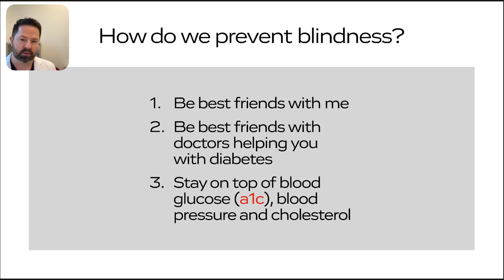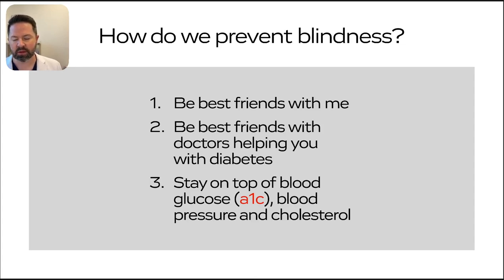Now that recommendation can change depending on how the diabetes is going. If the diabetes is not well controlled, if the blood sugar is high, if the blood pressure and cholesterol are high, maybe we'll suggest examining the eye a little bit more frequently than that. Let's say every 6 or 9 or even maybe every 3 months. But generally speaking, it's an annual screening exam.